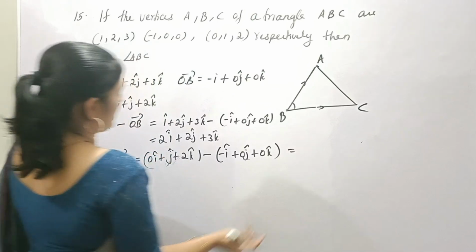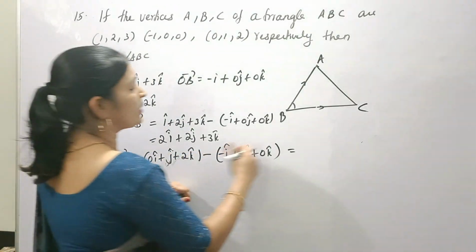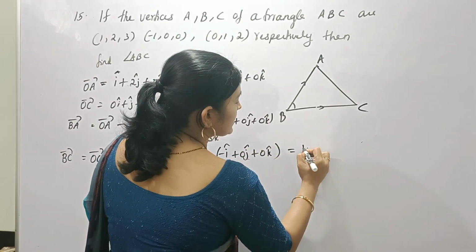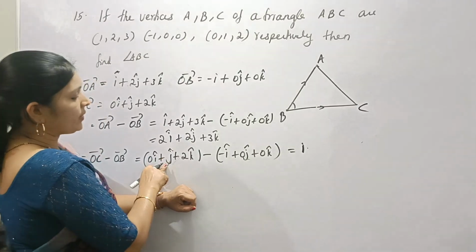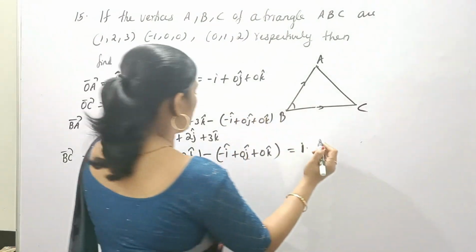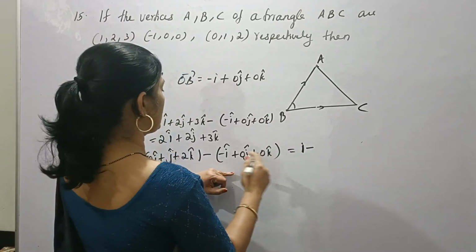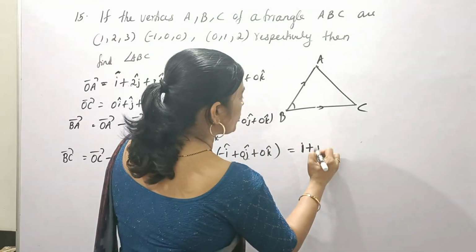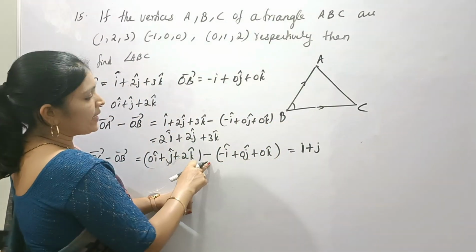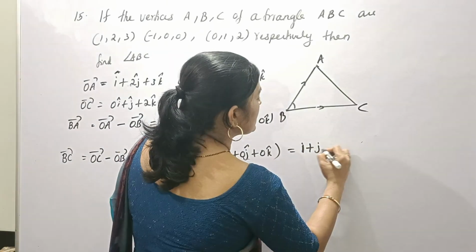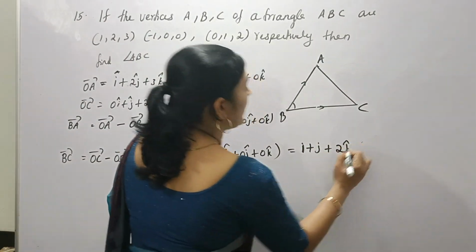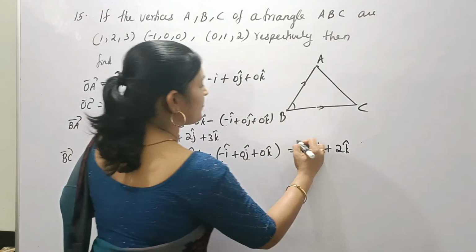That is equal to 0 minus minus 1, plus 1i, plus 1 minus 0, 1j, plus 2 minus 0, 2k. It is vector BC.